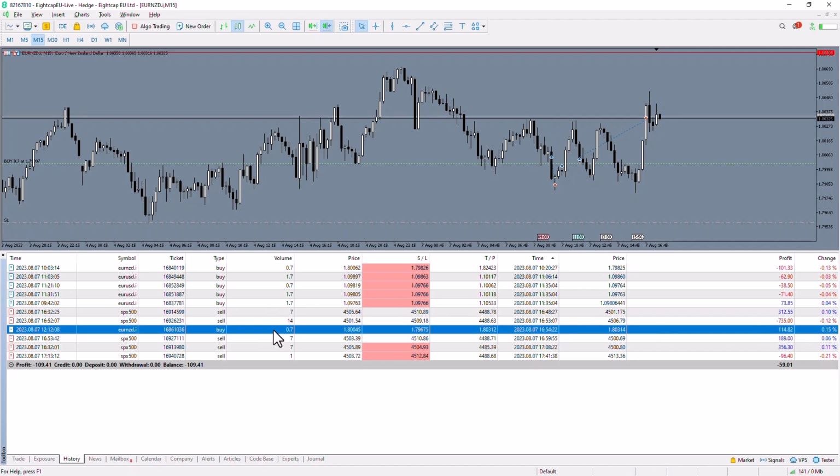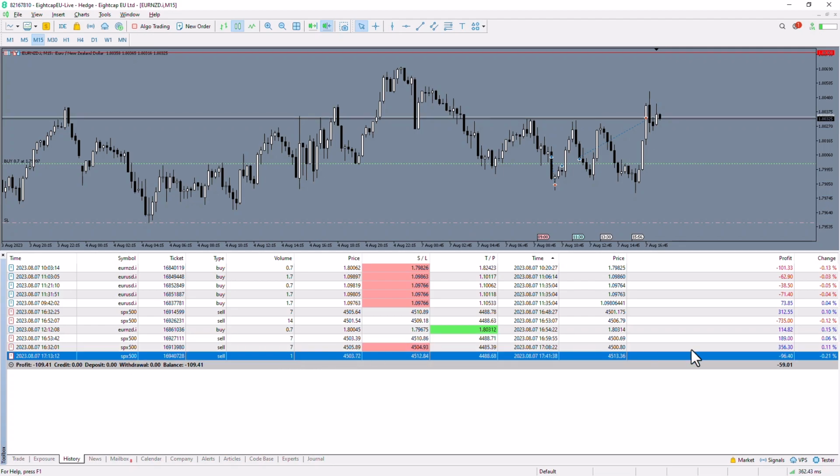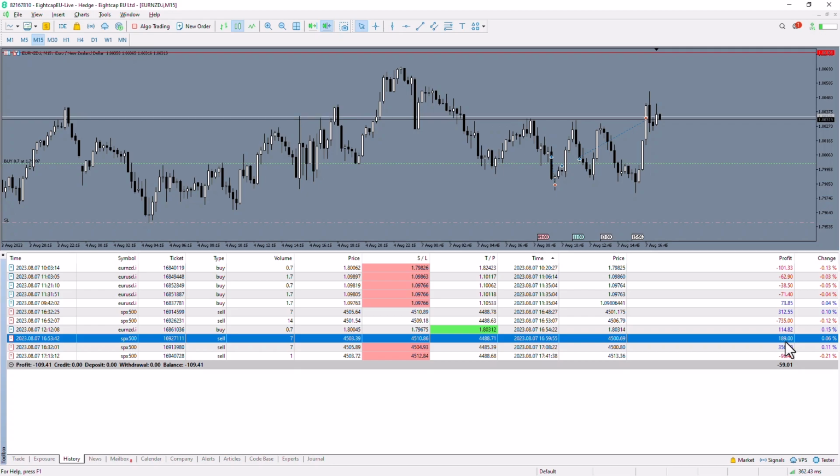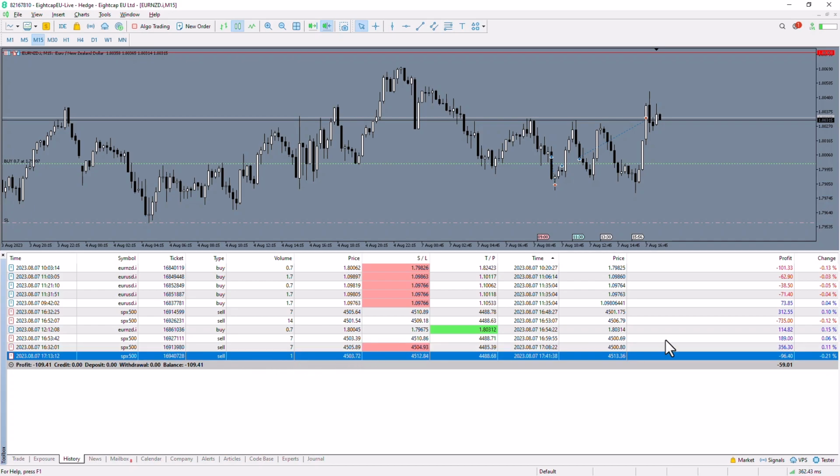So anyway, with the remainder, Euro NZD got stopped out at this TP, the one that I pointed out before at 114. The remainder, the partials that I was taking on SPX 500, you can see them here at 771, 189, then 356, and I just got stopped out at this one, I'm guessing at minus 96.